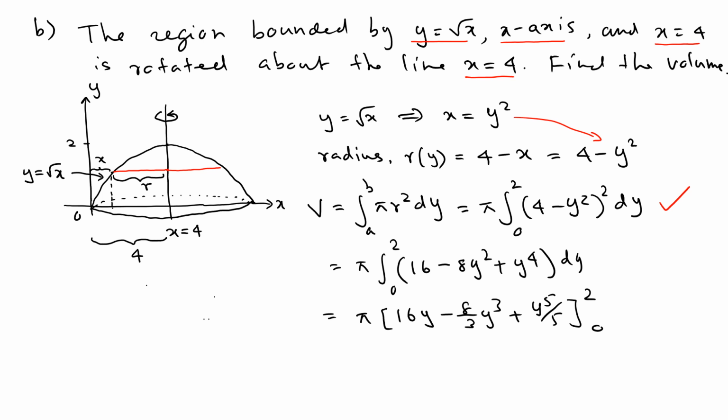If you plug in 0, it's gone. If you plug in 2, you get 32, and this is 8 times 8, so it is 64 thirds, and then 32 fifths, minus 0. If you simplify, you get 17 1/5 pi unit cubed.